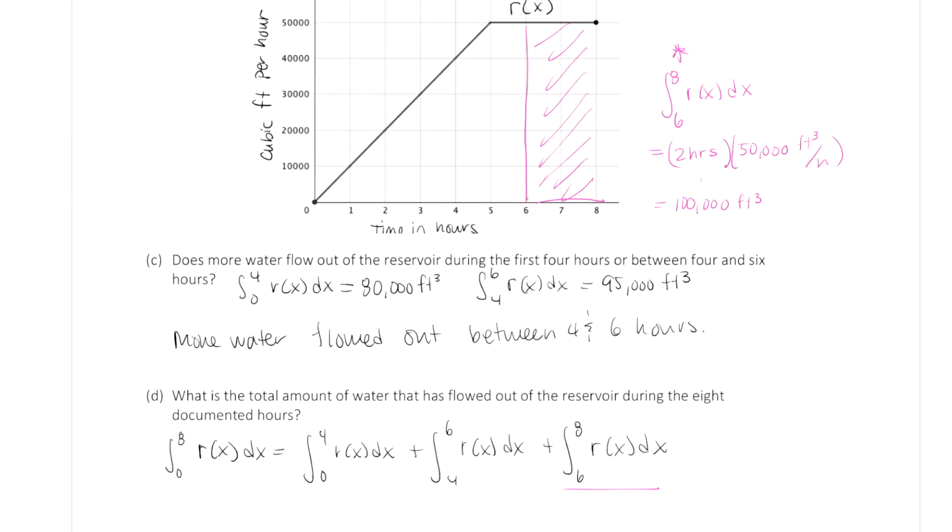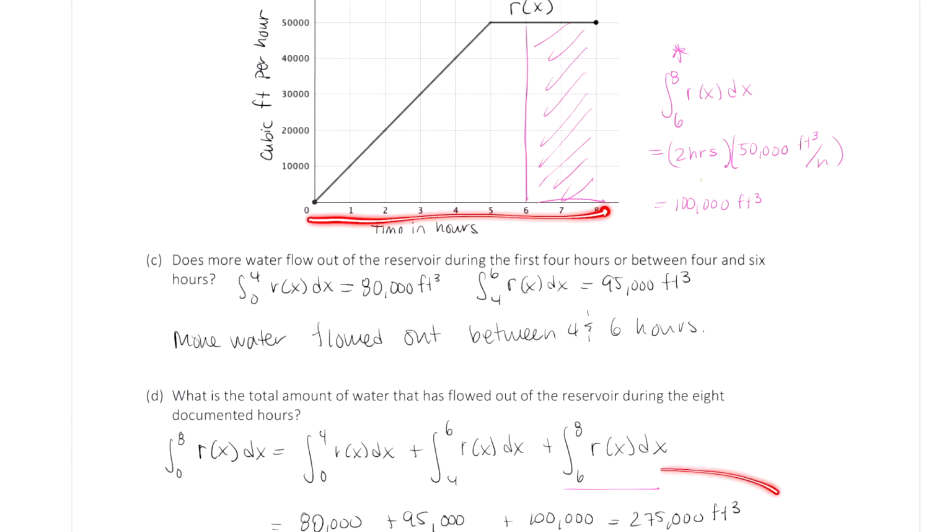So let's put this all together. We have 80,000 plus 95,000 plus 100,000. And if I'm doing this correctly in my head, I think you get 275,000, but I'm going to quickly use a calculator just to double check. Yep, 275,000. So between 0 hours and 8 hours, 275,000 feet cubed poured out of the reservoir.